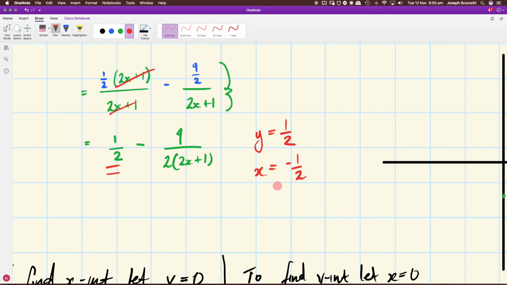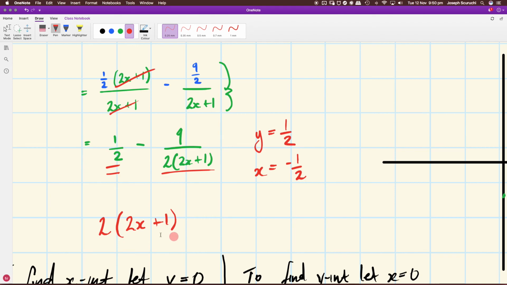How did I know that my x asymptote would be negative a half? Well, this is my denominator. It's 2x plus 1. And I know that I can't let whatever is within this bracket become 0. Because if whatever was in this bracket became 0, I would get 0 times 2 is 0, and I can't divide by 0.